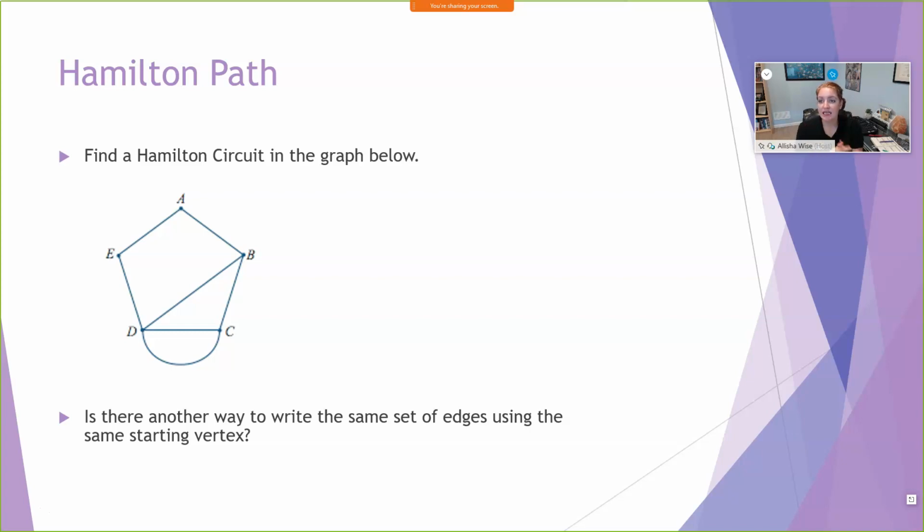Now, let's look at the following graph, and we're going to concentrate just on Hamilton circuits right now. So Hamilton circuits, this is when they're coming back, connecting back home. So let's give a Hamilton circuit from A. Do you want to give me a Hamilton circuit from A, Mark?